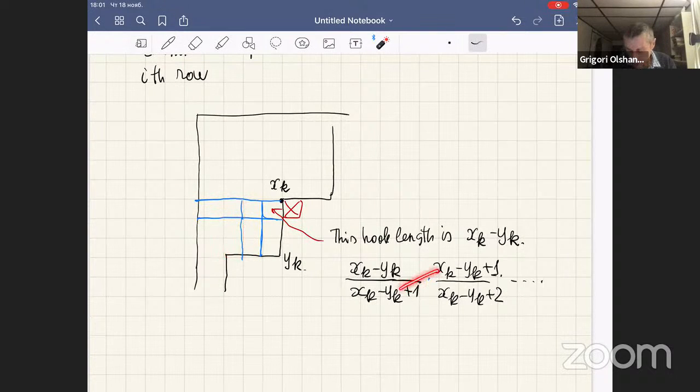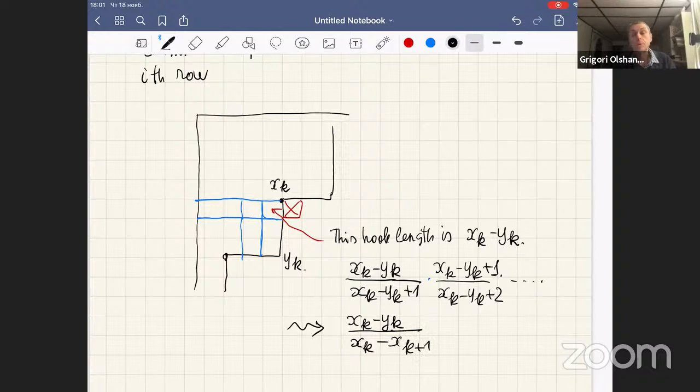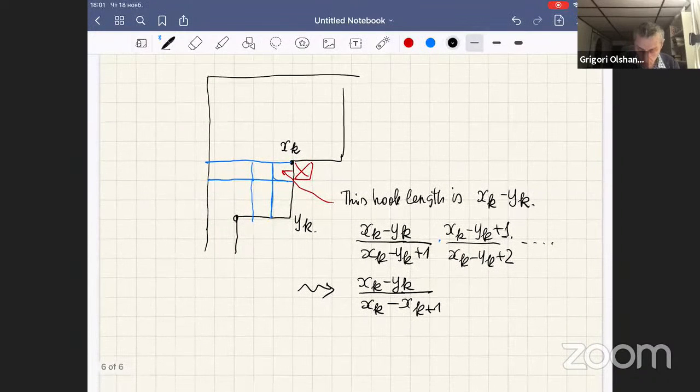But then this factor will cancel, and this will produce us, because of this point, this expression. And as long as we move on the left, this picture will repeat and repeat.